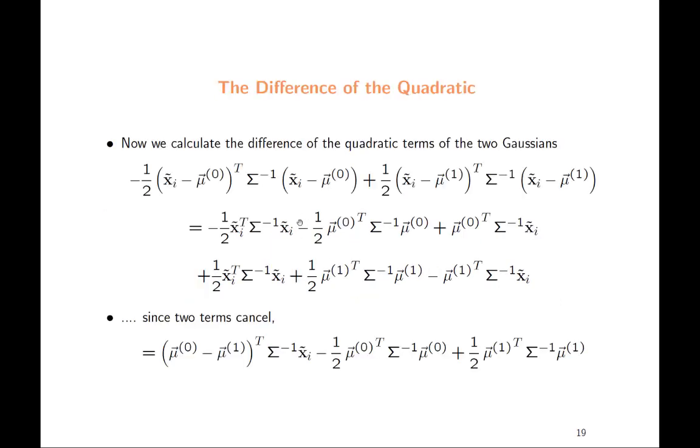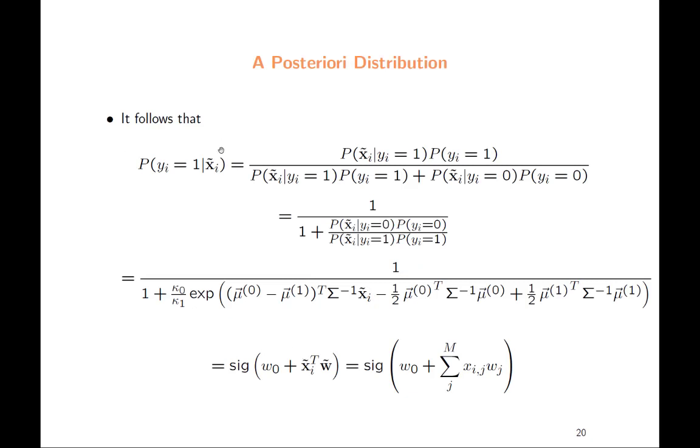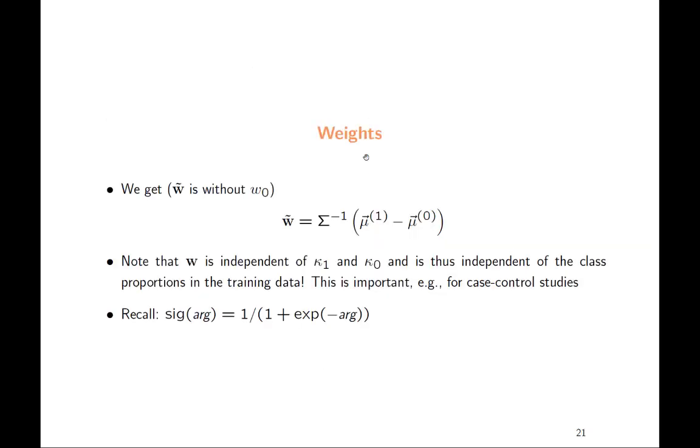And then we can expand these terms, and we can write the final equation. So for example, the probability that class 1 is true given x can be written as a sigmoidal function with an offset or bias plus a linear term. And the linear term can be calculated in this form. So it depends on the mean of the two distributions of the two Gaussians, and then multiplied by the inverse of the covariance matrix.